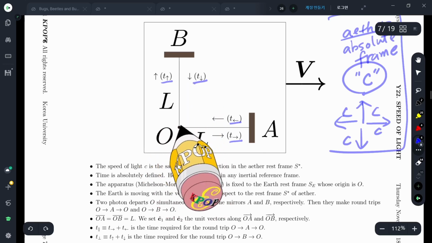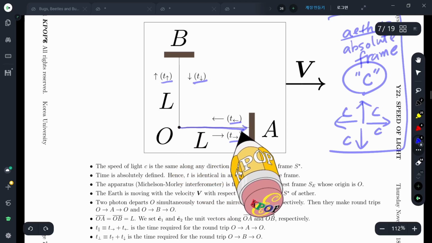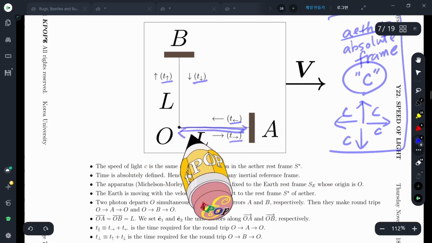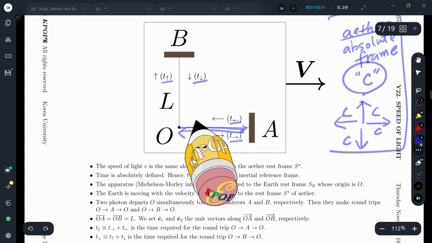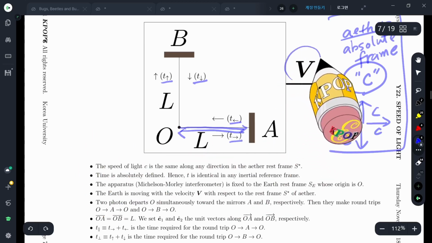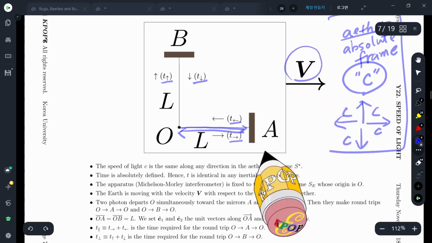In the Earth rest frame, the horizontal light wave travels in this direction, and Earth is moving with the velocity v.